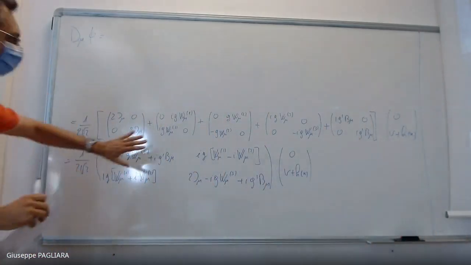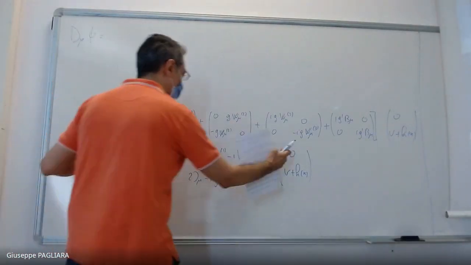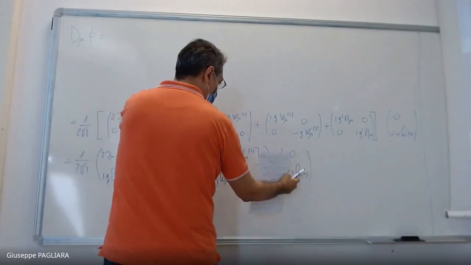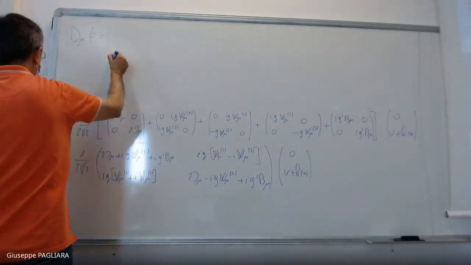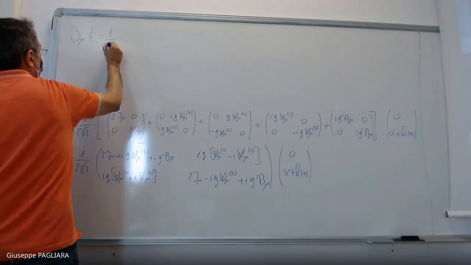Okay, and now we have to multiply this matrix by this vector. So it is 0 times this plus 0 times that. So the result of this is 1 divided by 2 square root of 2.